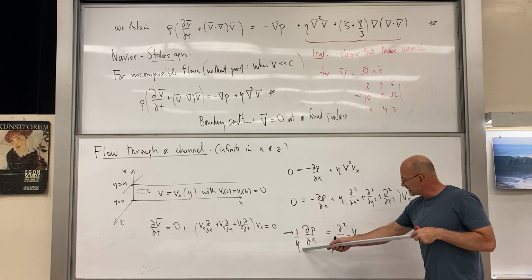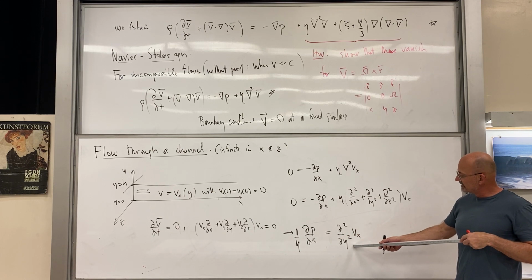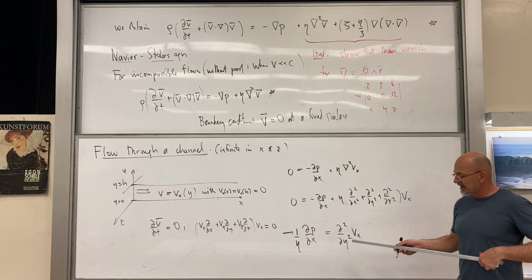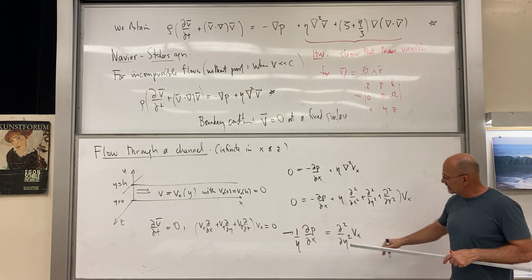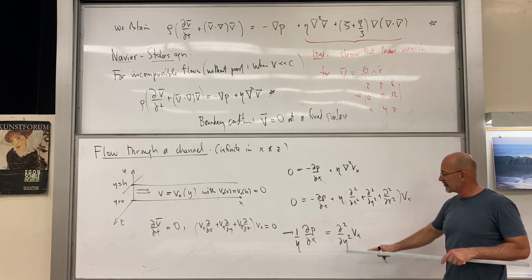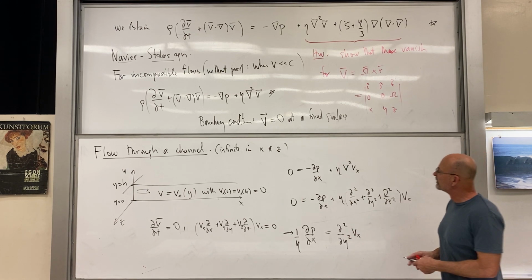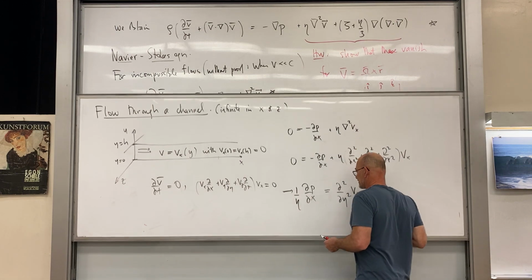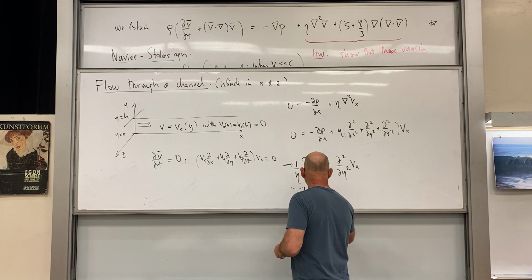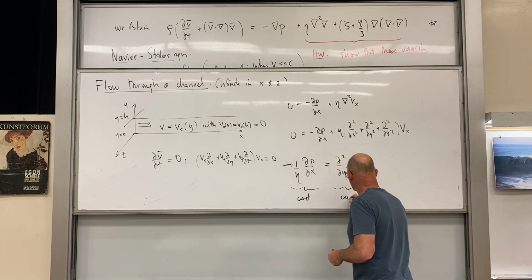So we have a constant. Therefore the right side is a constant as well. If the left side is a constant, the right side is a constant, and then we just have a trivial integration of these two derivatives, along with the boundary conditions. So constant, therefore this is also a constant.